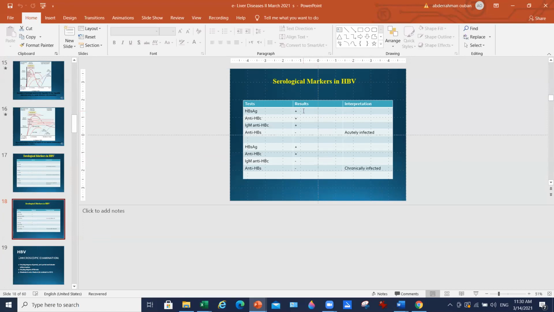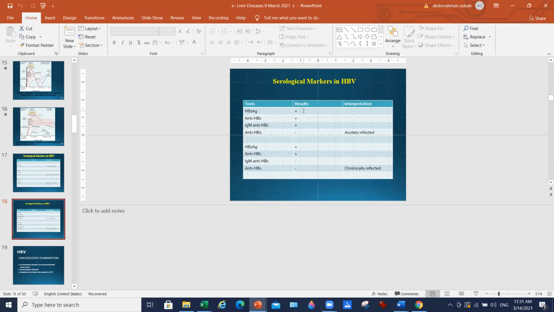When you have a core antibody positive, the first question you need to ask yourself is this: core antibody means there is exposure to the virus. You have to ask yourself, is this a recent core or an old core, which means is this an IgM or is this an IgG?